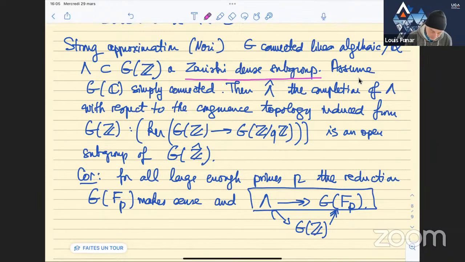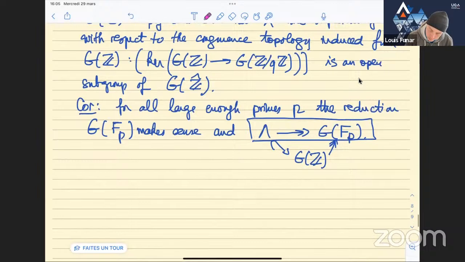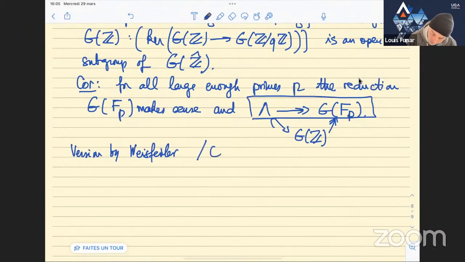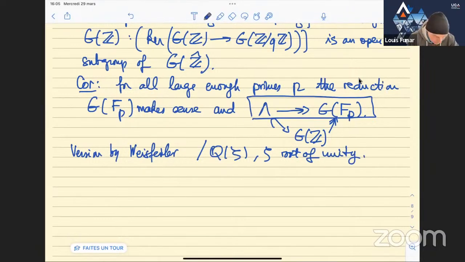Now, of course, to apply such a theorem, there is also another version due to Weisfeiler, by Weisfeiler, around the same time, which is also for linear groups defined over Q and of zeta root of unity. So in some sense it's more general.